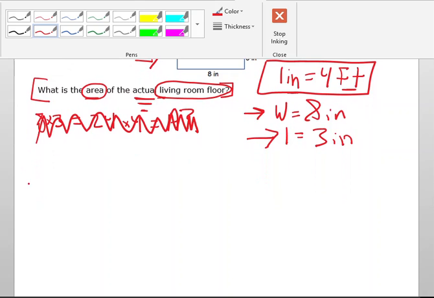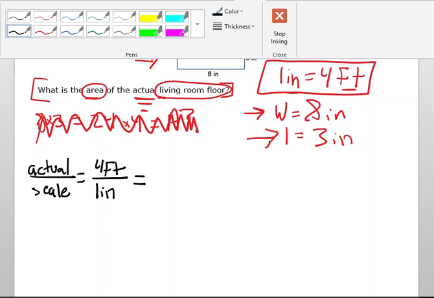So I'm going to do my actual over my scale, and then I'm going to put my scale here. So 4 feet is equal to 1 inch. And because this is my width that I'm going to work on now, my width is going to be W, because I don't know the actual width, over 8 inches.